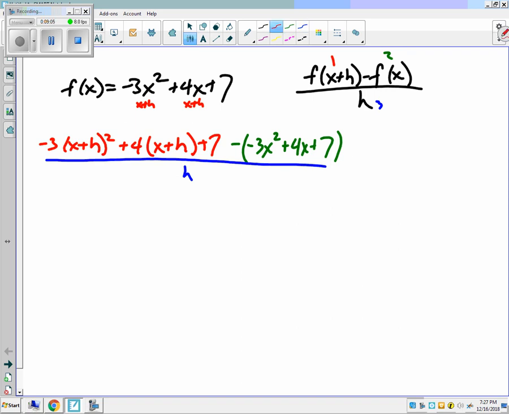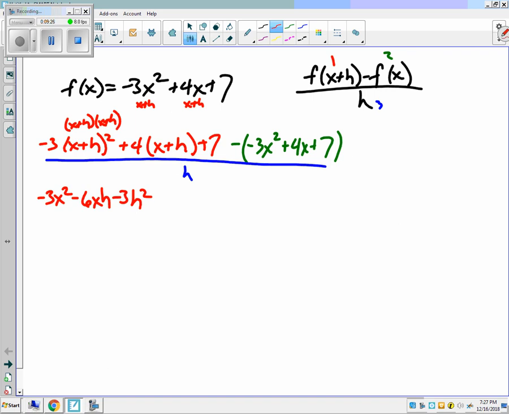Now from here, I just have to get rid of all my parentheses. And then there'll be a check step in here for me. So I get -3 times x squared minus 6xh minus 3h squared. If you need to write this out twice and FOIL it, go for it.